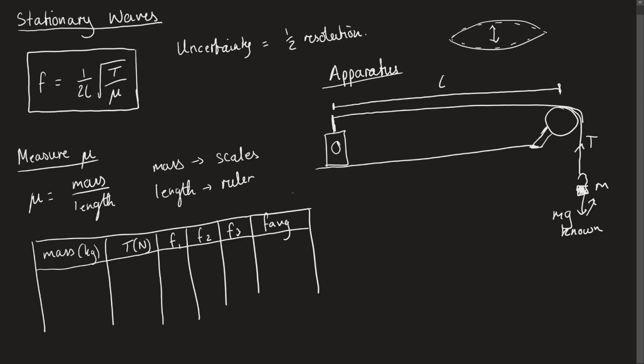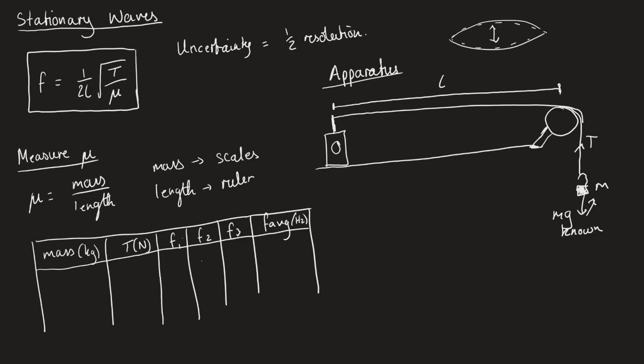Then change the frequency again, and then try and change it back until you see the first harmonic again. You'll get 3 different results. You take an average, you then change the mass and carry on, and so forth. And all of these should be in terms of hertz. I don't have space here, but these will all be in terms of hertz because they are frequencies.